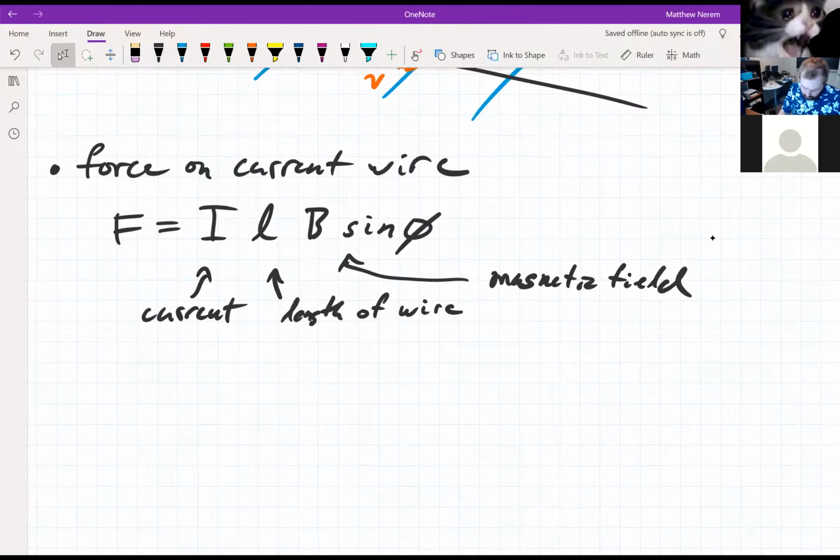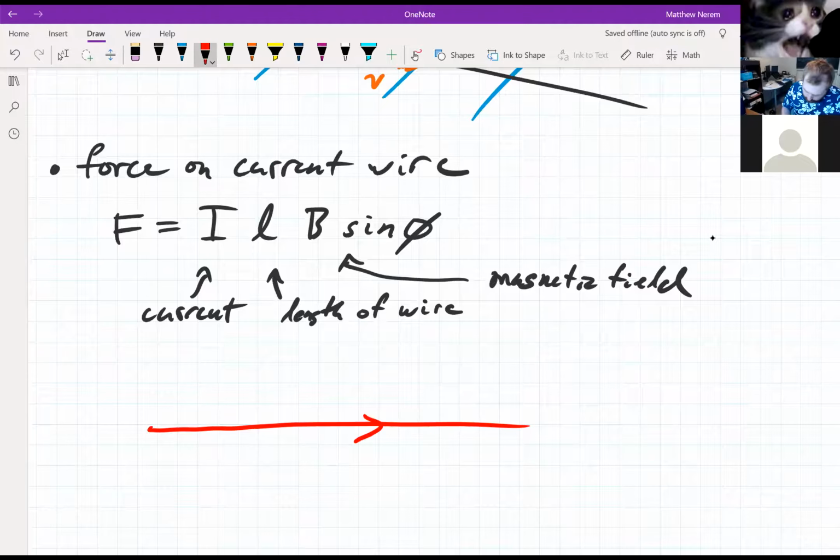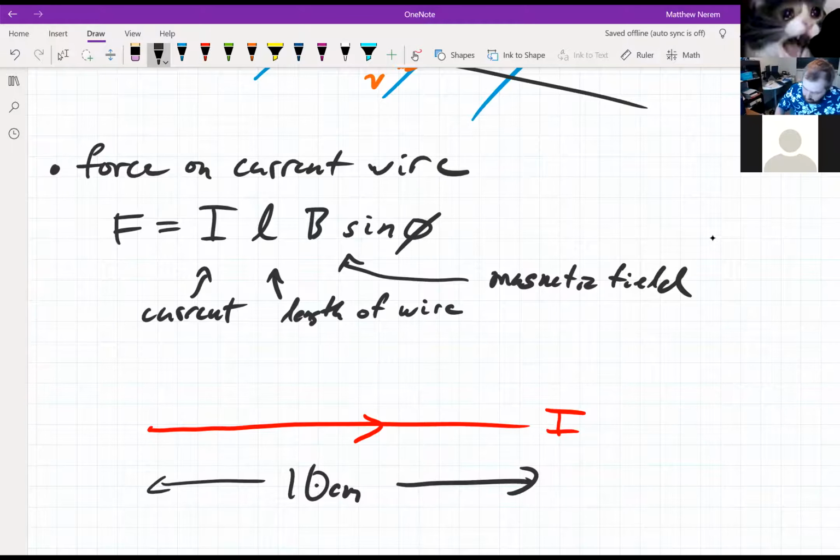So let's do this one. Here's my current of wire, and let's try to do some numbers off the top of our heads. Let's say it's 10 centimeters long. Current is 2 amps, nice strong. And let's do a magnetic field.